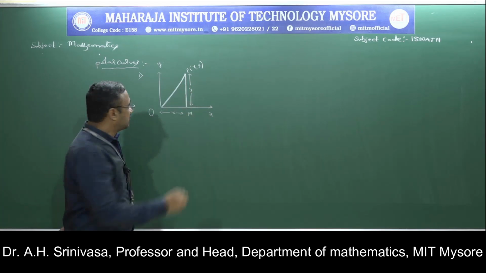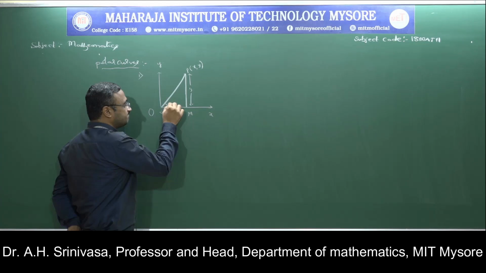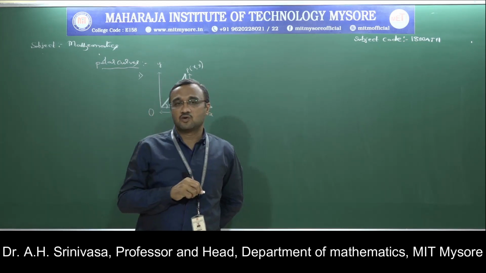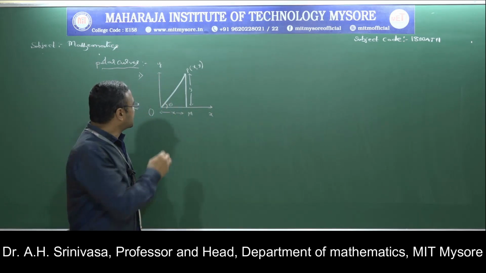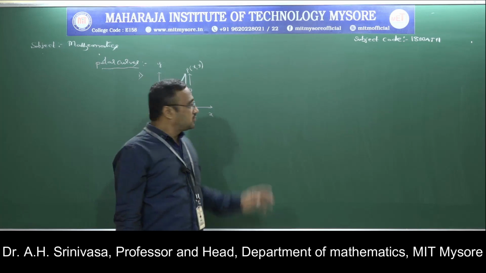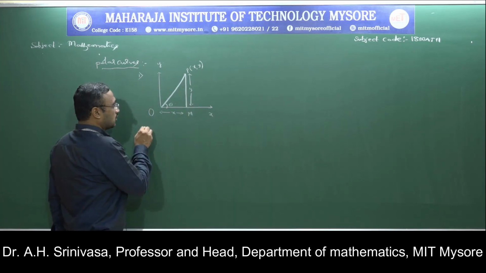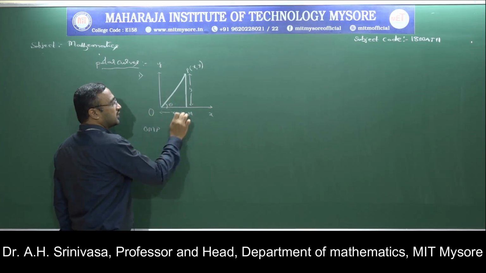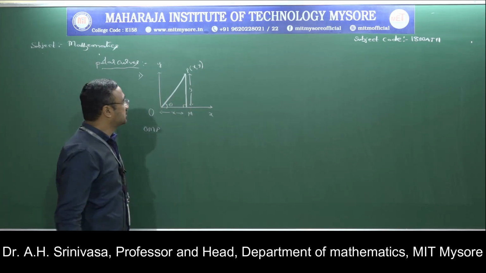If I make an angle of theta, then how do we make polar coordinates using Cartesian coordinates? It is exactly in the form of a right angle triangle, OMP, with exactly 90 degrees at M.